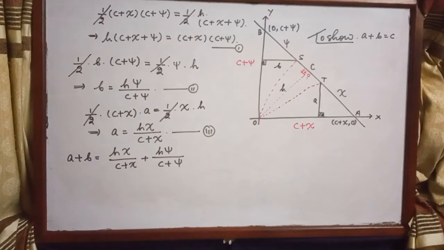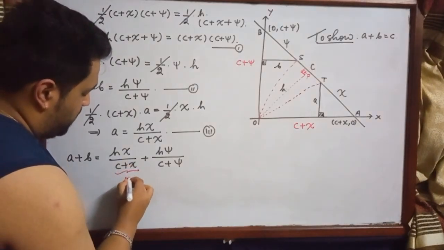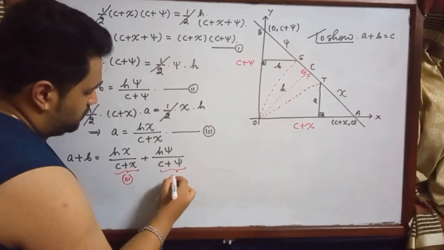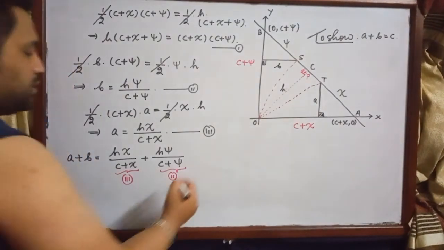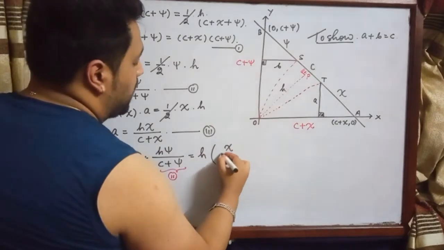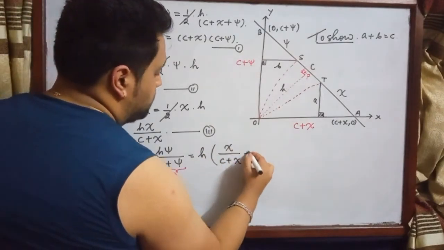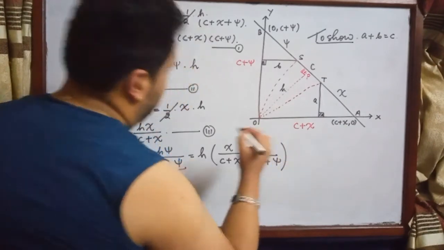We get this from 3 and this from 2. Now h is common, so chi over c plus chi plus psi over c plus psi.